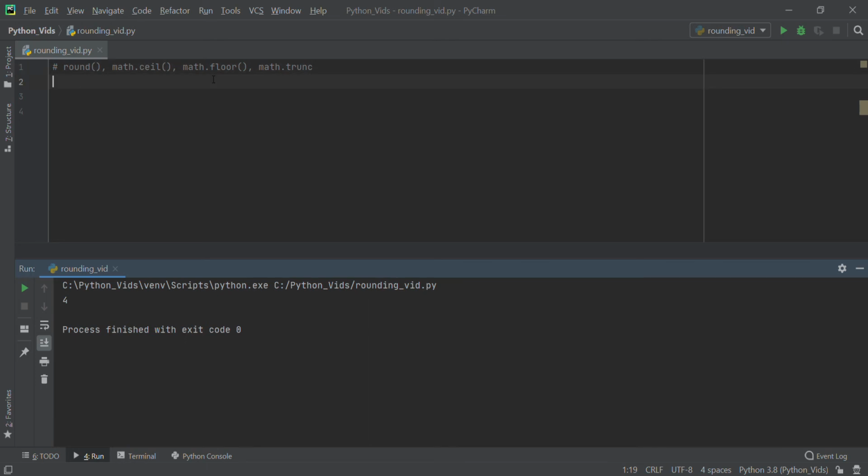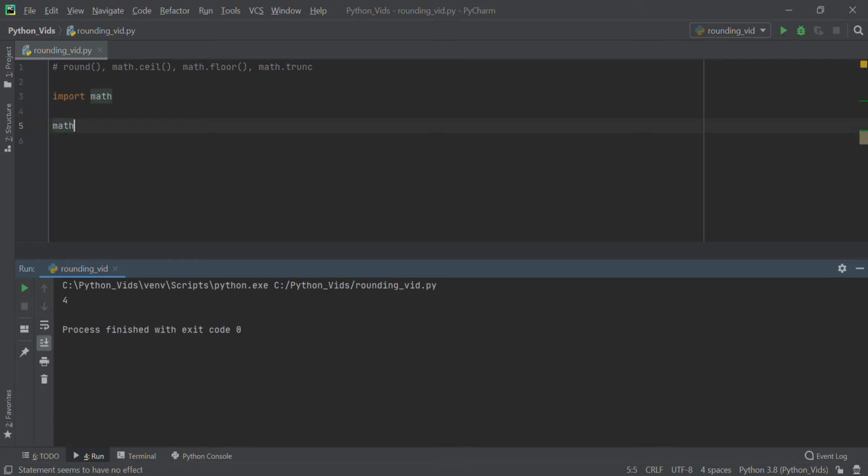Each of these things, ceiling, floor, and truncating, will only give you an integer. They're not going to give you a number followed by a decimal point, followed by more numbers like round could. They're only going to give you integers. And let's import math. Ceiling gives you the smallest integer that's greater than or equal to the value given. I know that's a mouthful, but practically speaking, you can think of it as telling your computer to round up to the next highest integer.